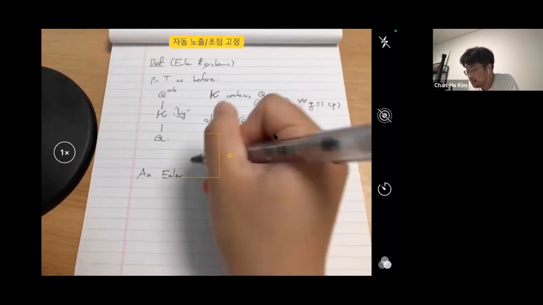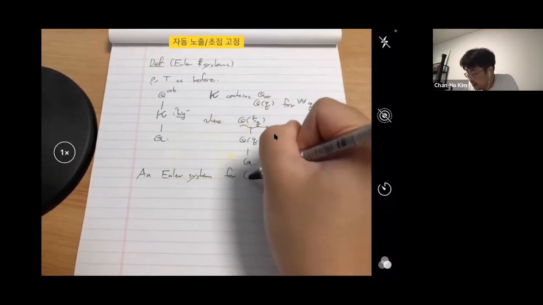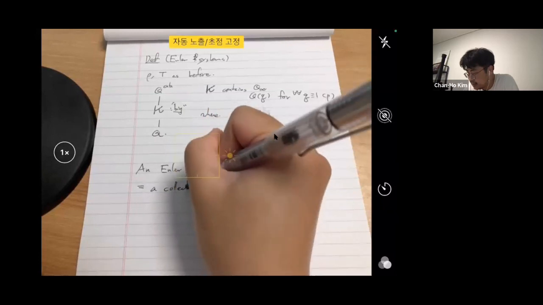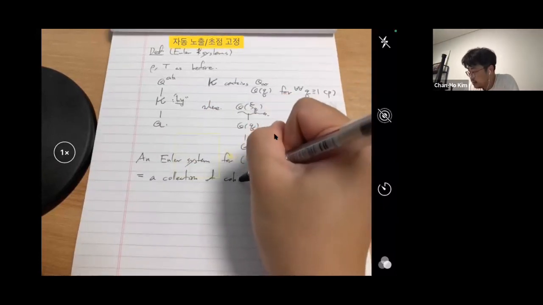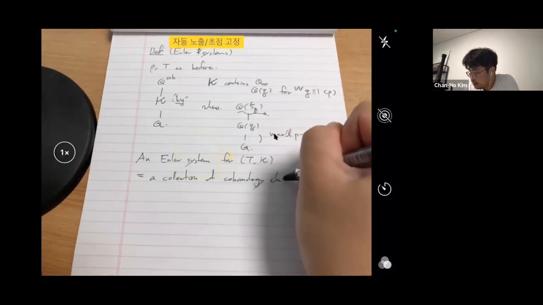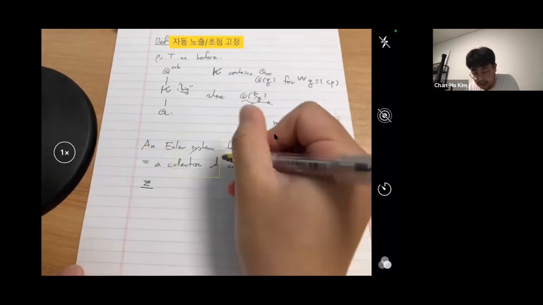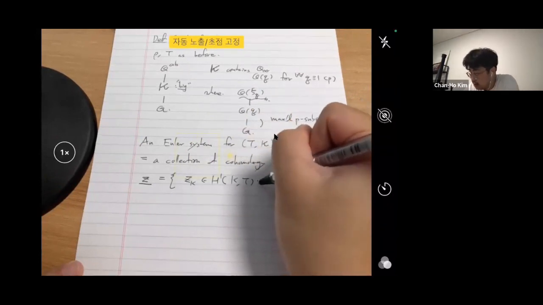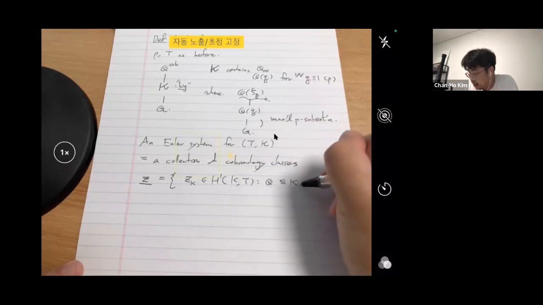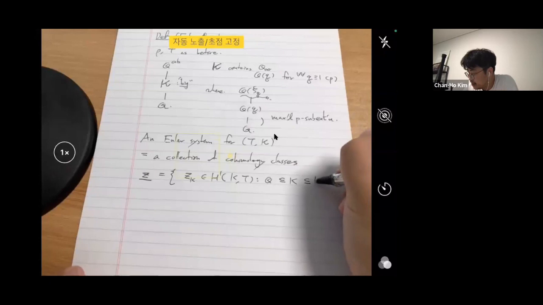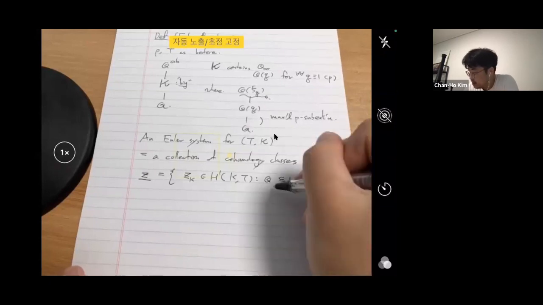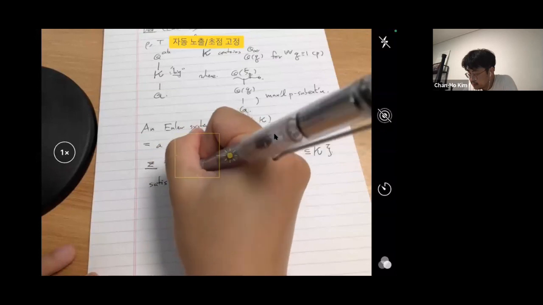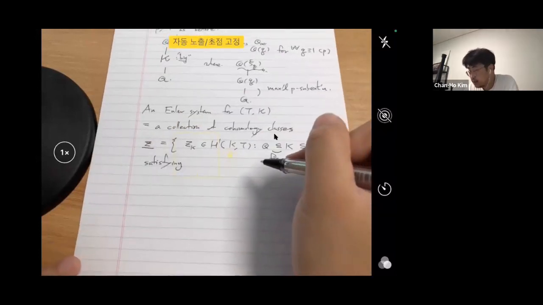An Euler system for this T and the big extension K is a collection of cohomology classes, say z underline, z_K, lying in H^1(K, T), where K is contained in the mathematical K, and this K is a finite abelian extension, satisfying the following norm relation.